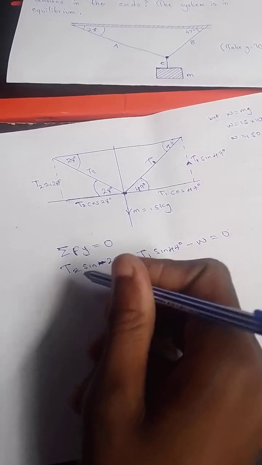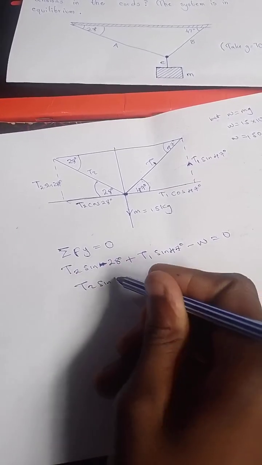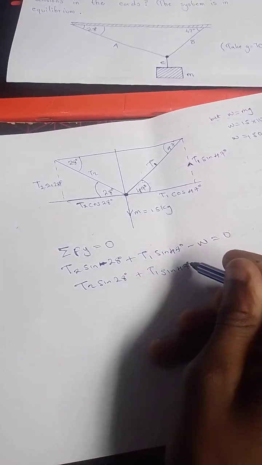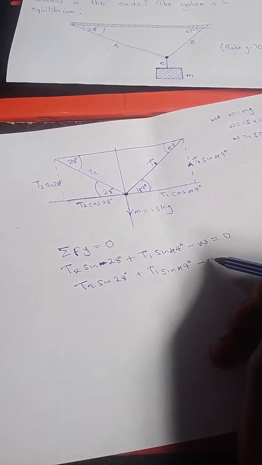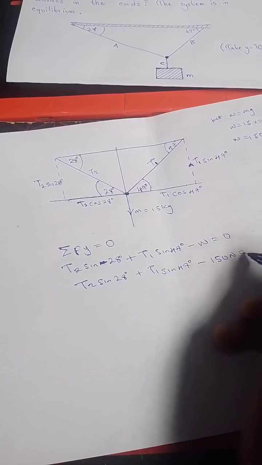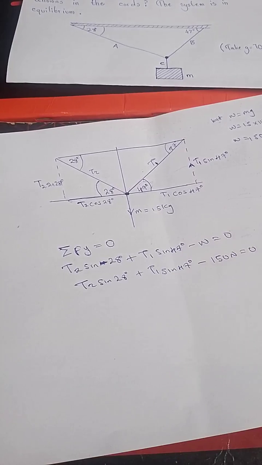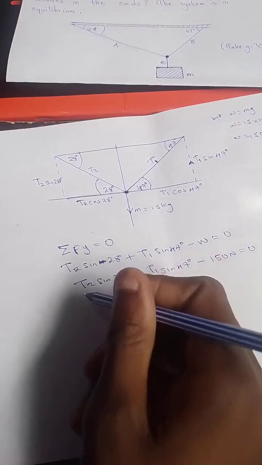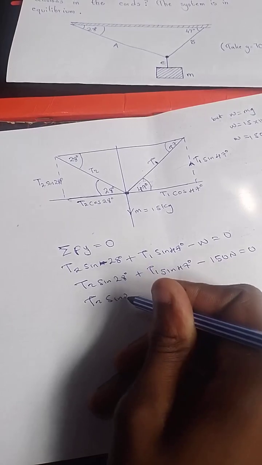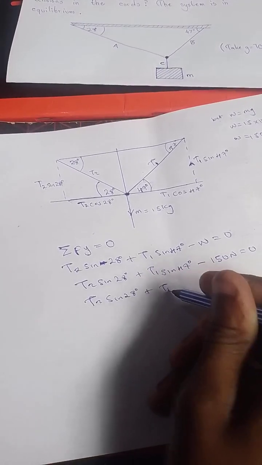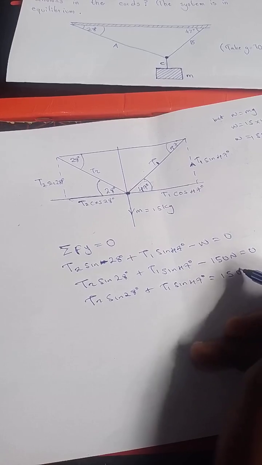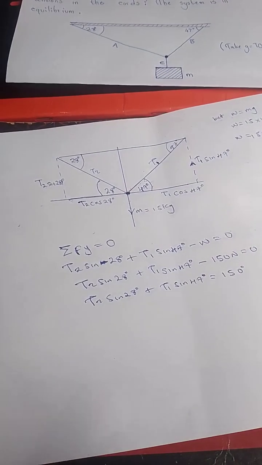So we have T2 sine of 28 degrees plus T1 sine of 47 degrees minus the weight of the block, 150 newtons, equal to 0. We can move this to the other side, so we have T2 sine of 28 degrees plus T1 sine of 47 degrees equal to 150. So we have come up with that equation.